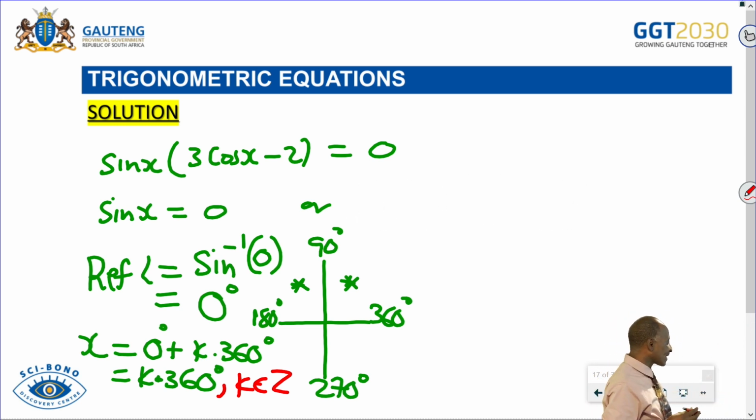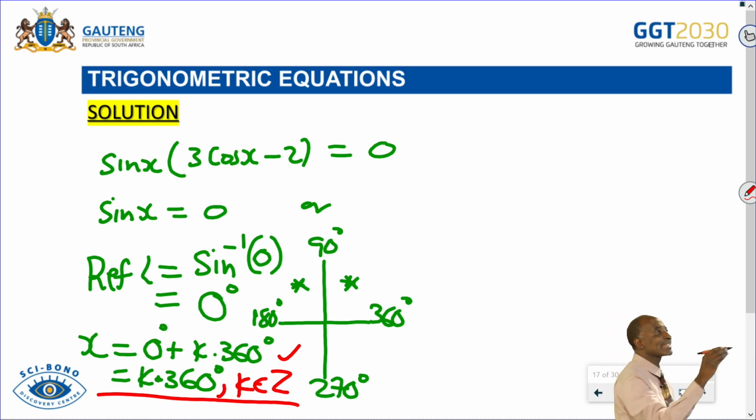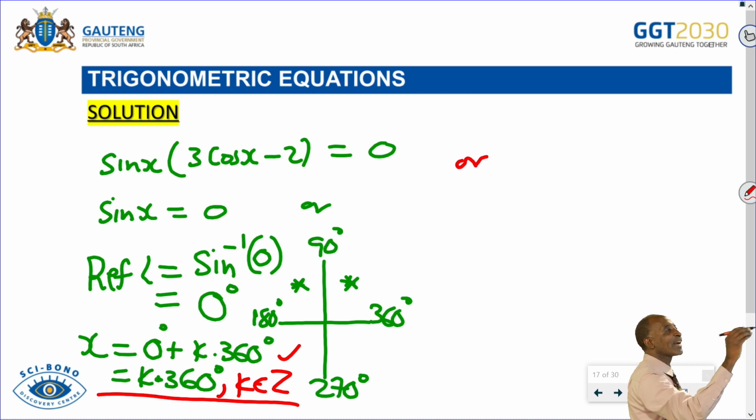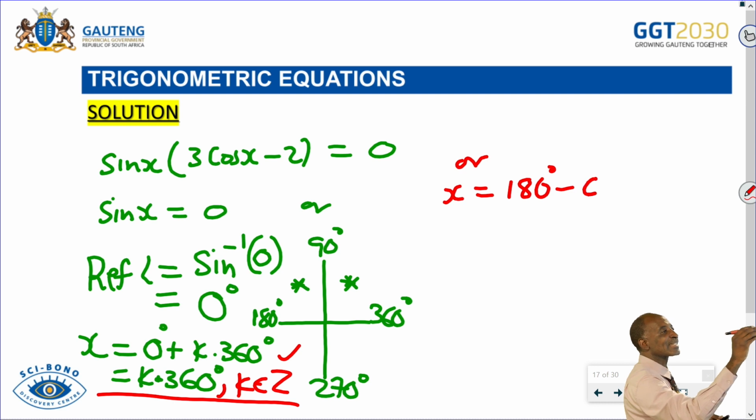Then we proceed and say, okay, this is one general solution, which is our first quadrant. Then we go to our second quadrant, it's 180. So our x is going to be 180 degrees minus your reference angle. Your reference angle is 0 degrees.